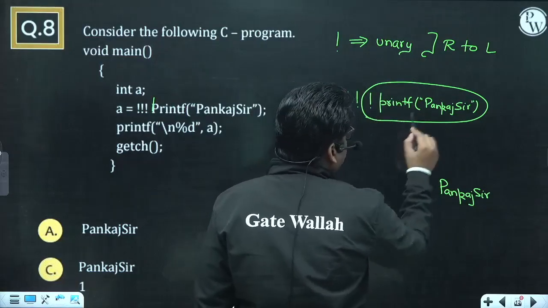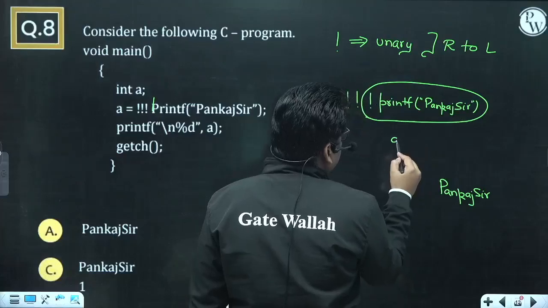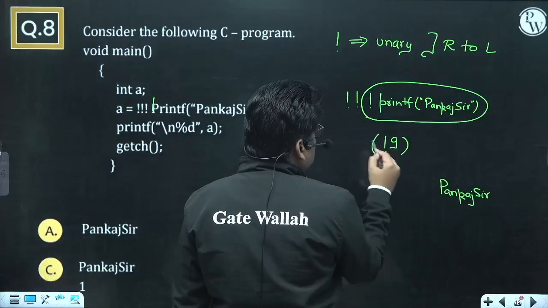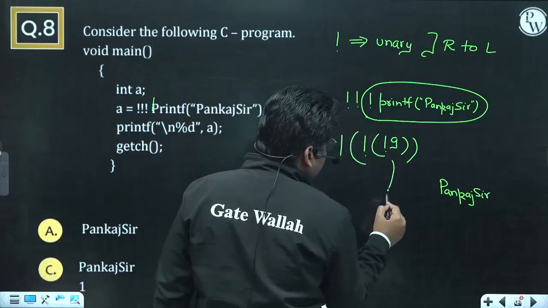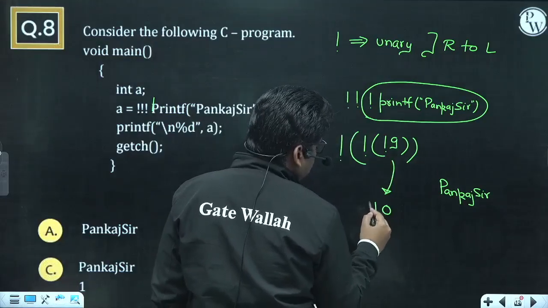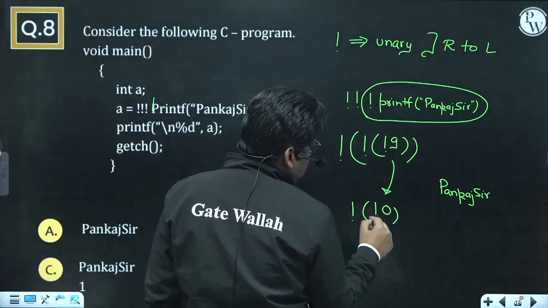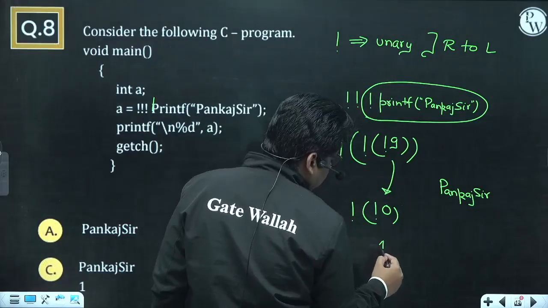And the value of this printf is 6, 7, 8, 9. So now the expression is something like this. What is not of 9? Not of a non-zero value is 0. Now what is not of 0? Not of 0 is 1.